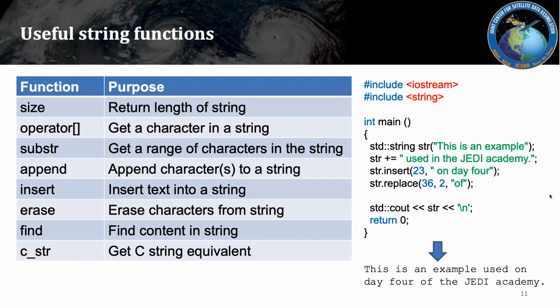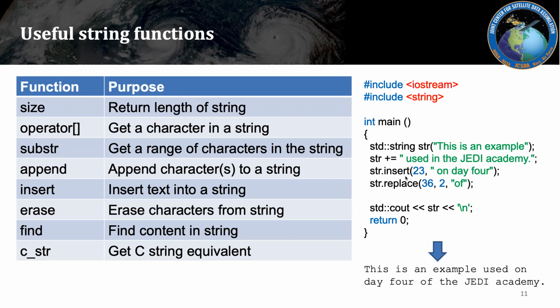And here's an example to the right again of how you can manipulate a set of strings. So in this case, here's just a mini program. Strings are all found inside of the string header. And then we can just define a string saying like this is an example. Then we're calling a function available called operator append. It's very similar to this one. And we're just appending to the string. So after here, we would have a string saying this is an example used in the JEDI Academy.